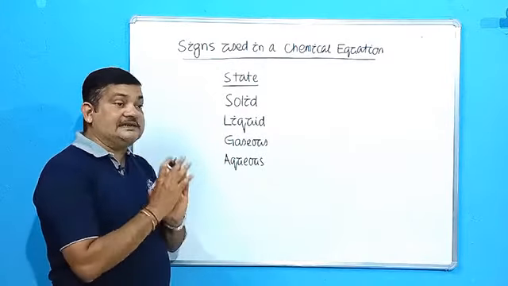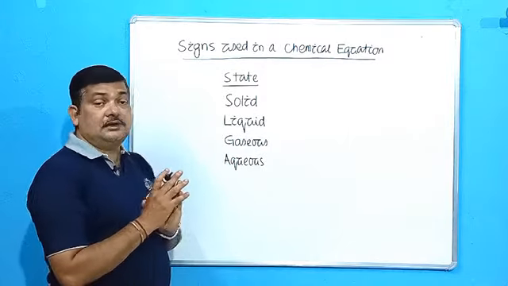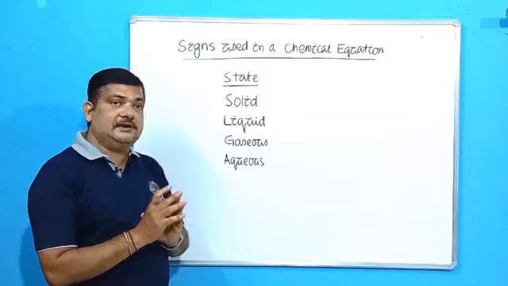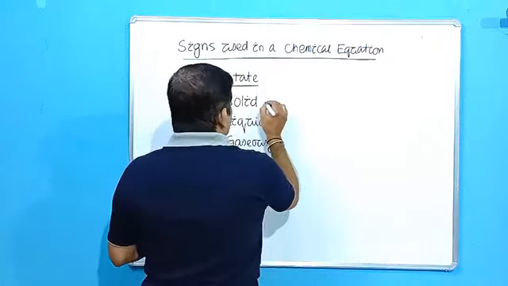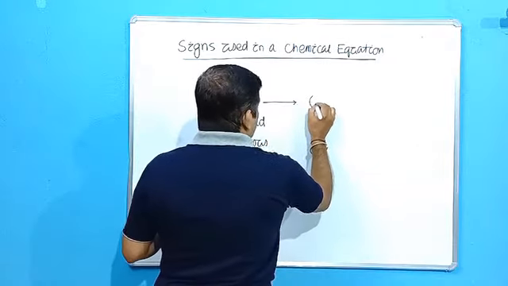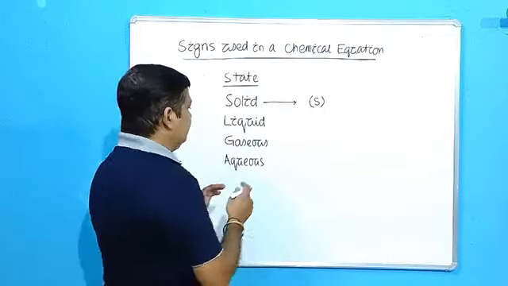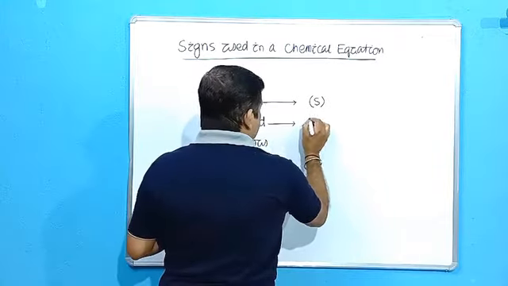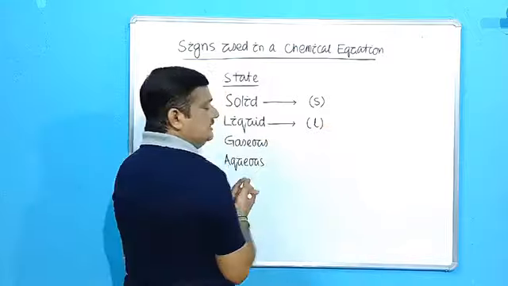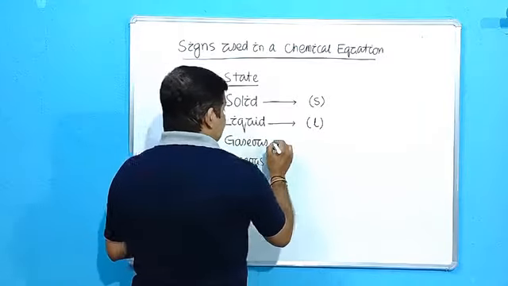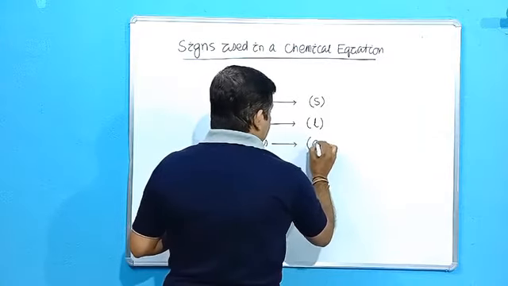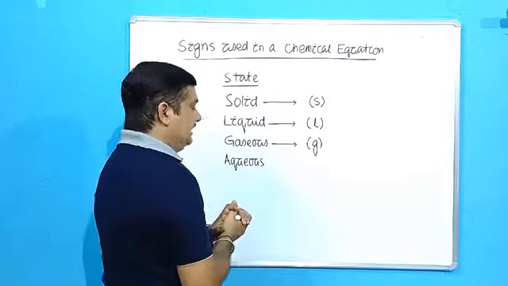And we mention the state of the reactants and products in the chemical equation. For solids, we write small s within the bracket. For liquid, we write small l within the bracket. For gases, we write small g within the brackets.